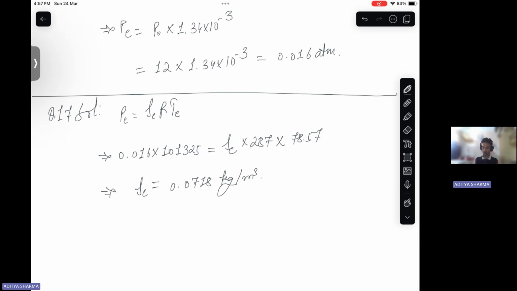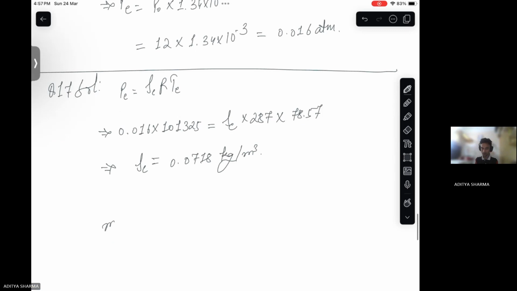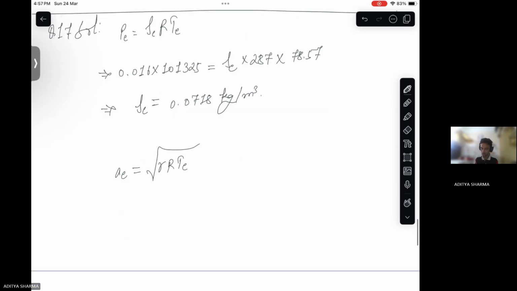Okay. And mass flow rate, wait, but we have not found out AE yet. So speed of sound at exit: square root of 1.4 into 287 into 78.57.